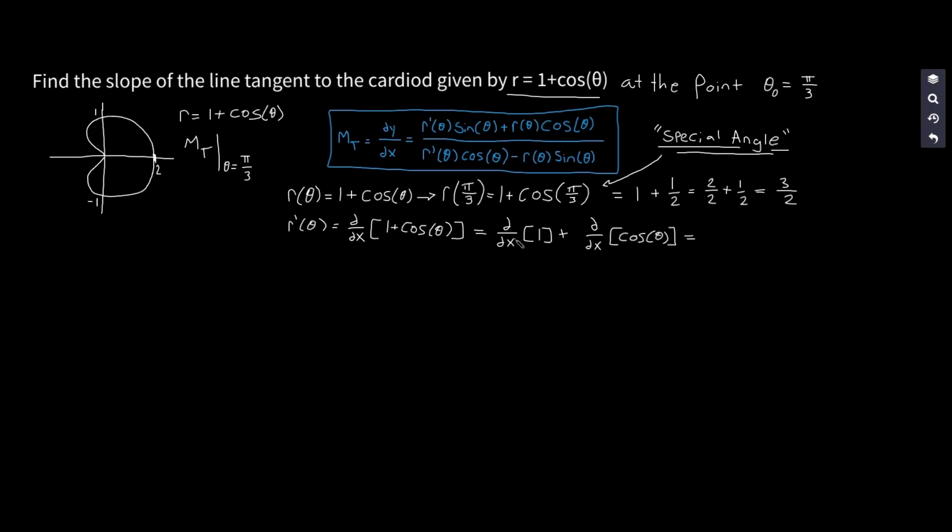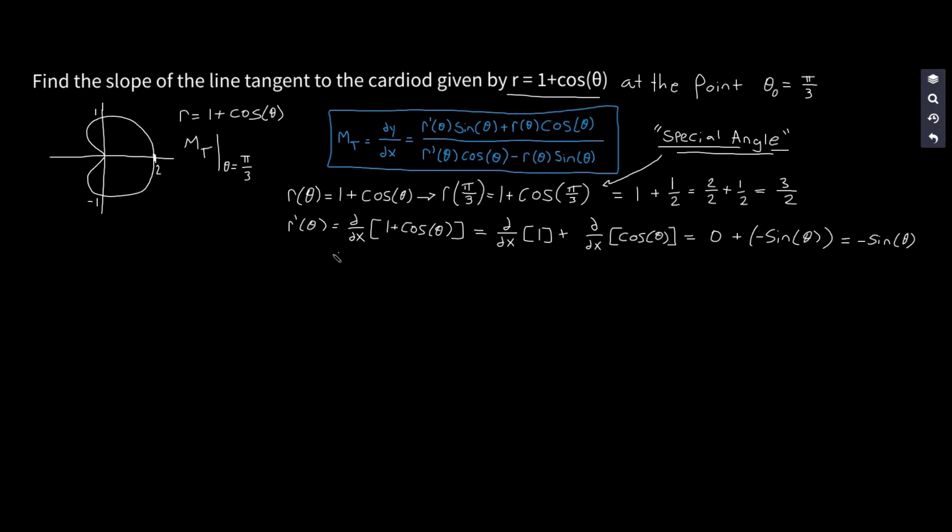So the derivative of 1 is going to be 0 because the derivative of a constant is always 0. So we'll have 0 plus the derivative of cosine of theta, or cosine of x, whatever you'd like. I do believe it's negative sine of theta.